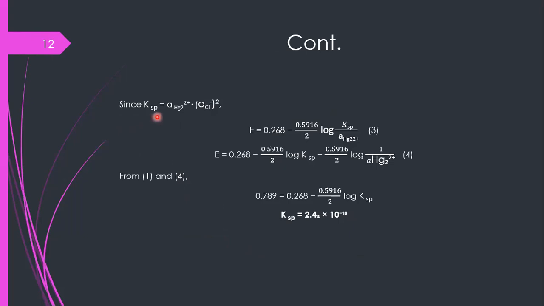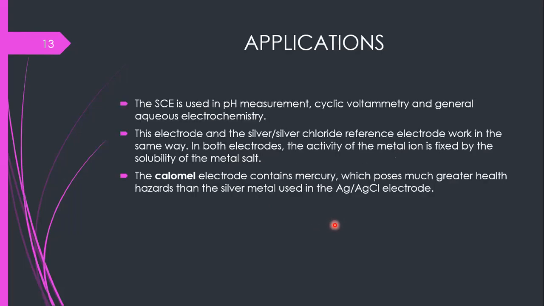Since the solubility product is equal to the product of the activity of mercury ions and the square of the activity of chloride ions, these are the equations to solve the electrode potential. By comparing these equations, we get the solubility product as 2.44 multiplied by 10 to the power minus 18.